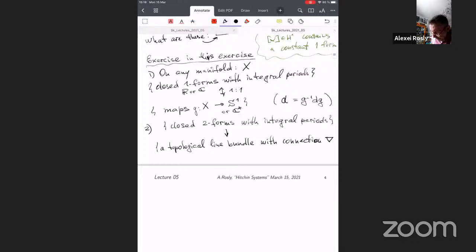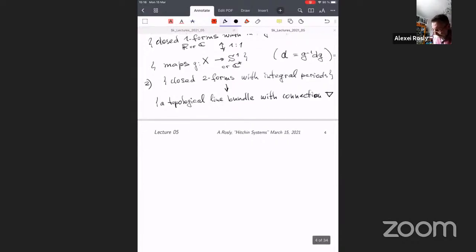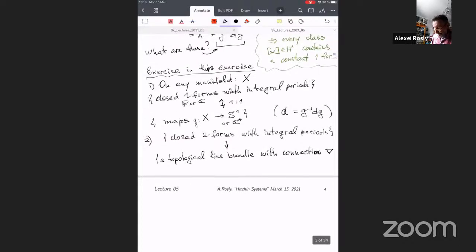If a two form is real valued with integral periods, then the connection in the correspondence would be unitary. If the two form is complex valued, then the connection is arbitrary, so I don't write anything here. Anybody who understands this exercise would understand also these two possibilities, real or complex.